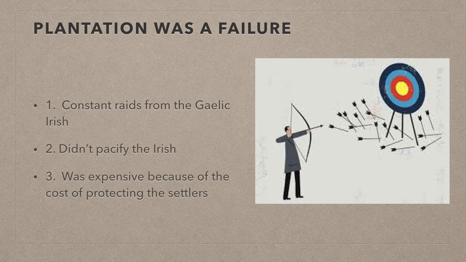The plantation, which was supposed to extend English rule and cost less than having an army, turned out to be a very expensive venture. The cost of protecting the settlers proved massive due to the constant raids, and it did not pacify the Irish at all. The plantation was a failure by all accounts.